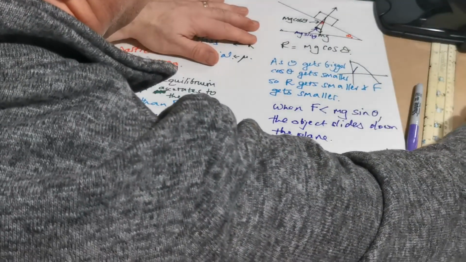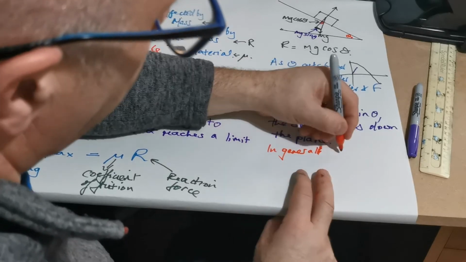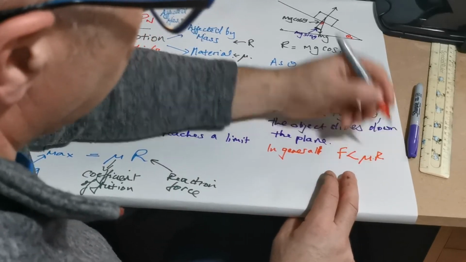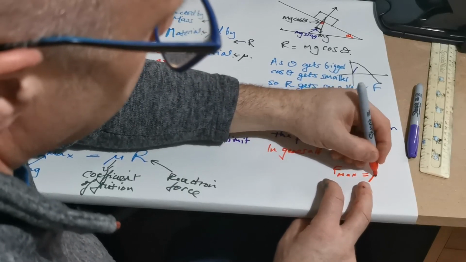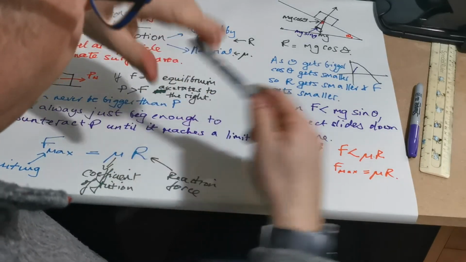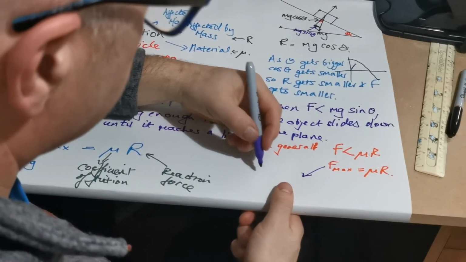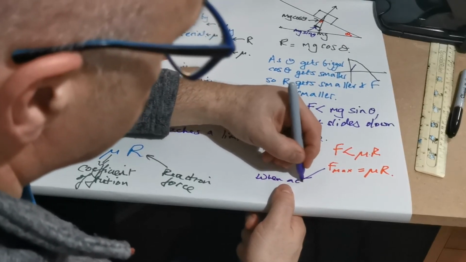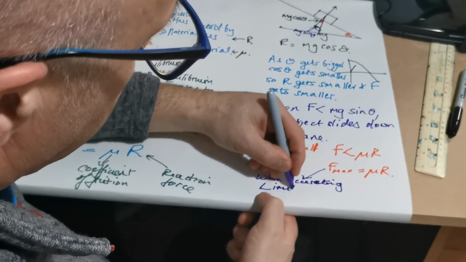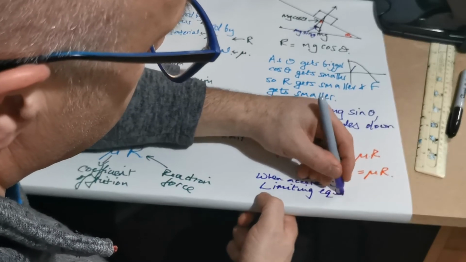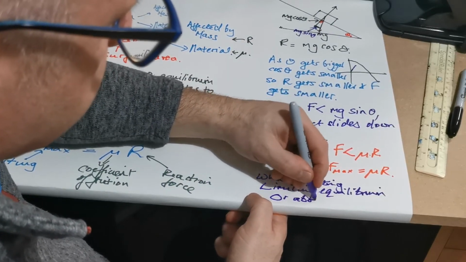So in general, most friction is less than mu R. When it reaches the maximum, it goes to F max equals mu R, and this happens when accelerating, in limiting equilibrium, or about to slide.